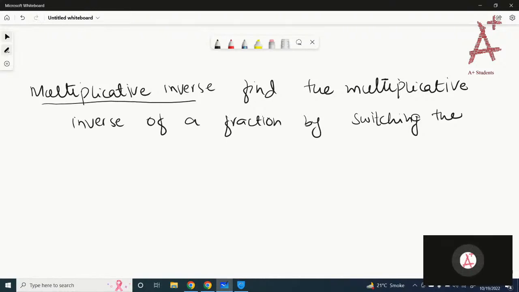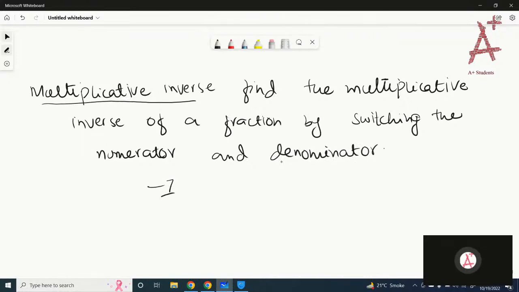Switching the numerator and denominator. Got it? For example, you have to find the multiplicative inverse of negative 7 by 5. So the multiplicative inverse of negative 7 by 5 is negative 5 by 7. The sign is the same.